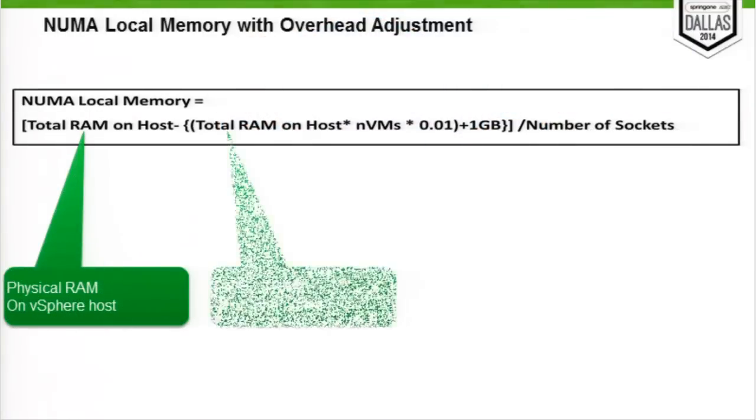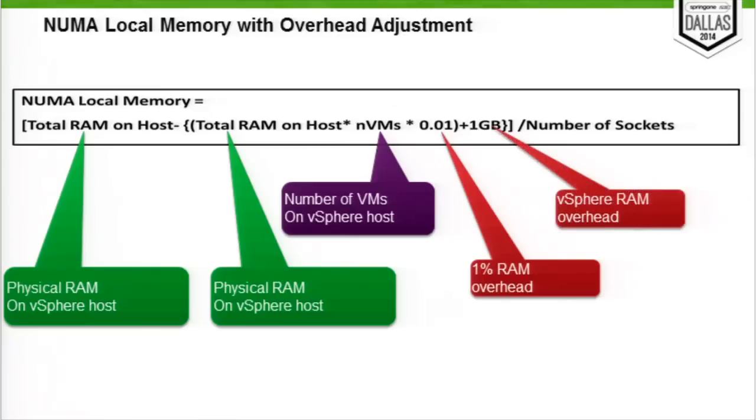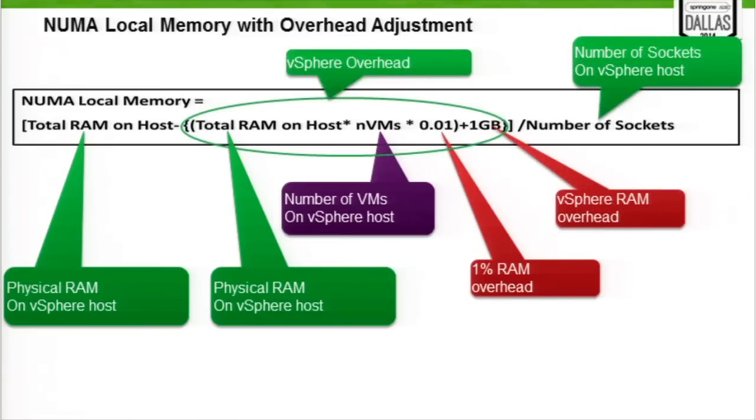So let me give you an equation that will give you how big of a VM process you need in order to be NUMA local. This is the 96 gig that's on the host, times the number of VMs, NVMs.